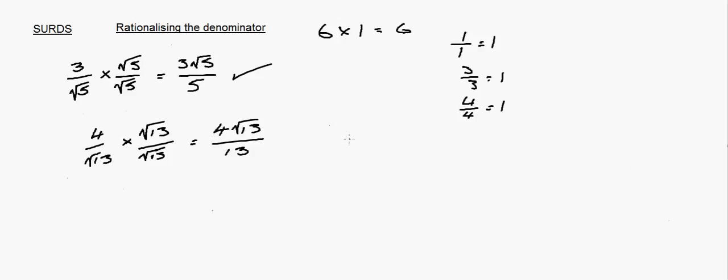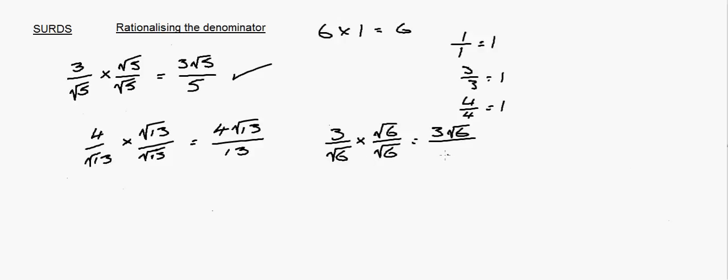Sometimes they might give you one that will cancel down. So let's say, for example, we've got 3 over root 6. They say rationalise the denominator. Well, we've got root 6 here, so we have root 6 over root 6. So this will give us 3 times root 6 is 3 root 6.